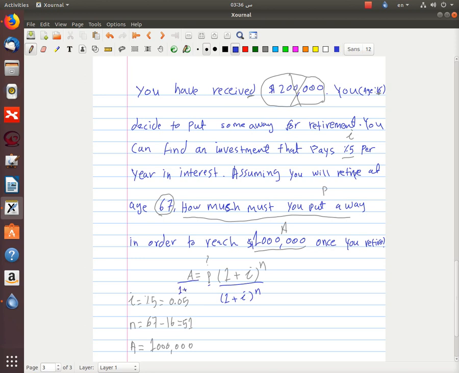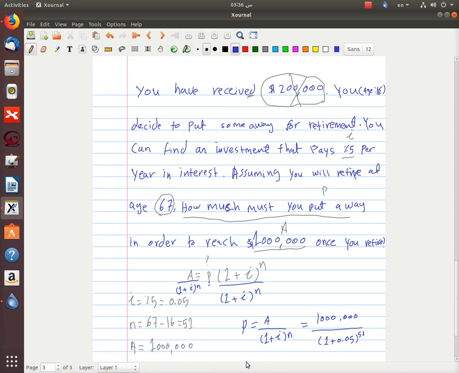So P actually is going to be A over (1 plus I) to the power n, which is simply 1 million over (1 plus 0.05) to the power 51.